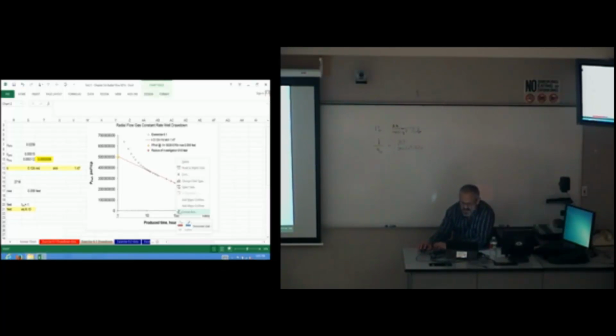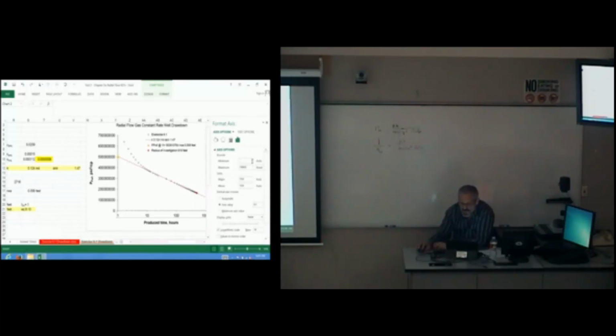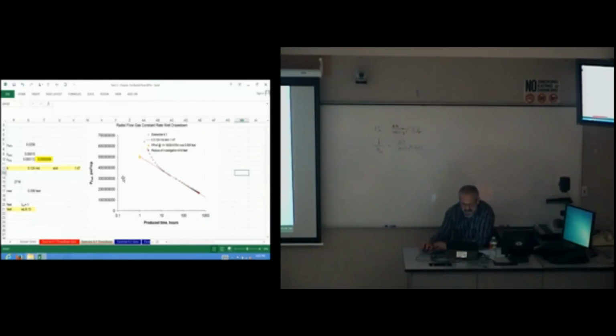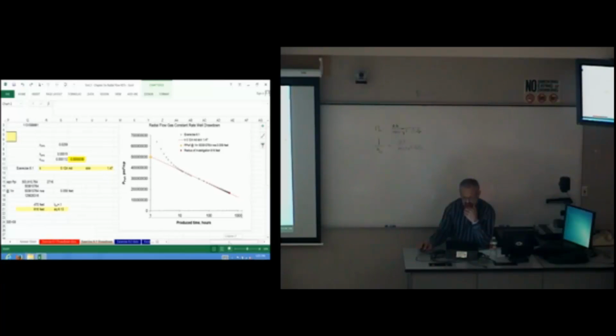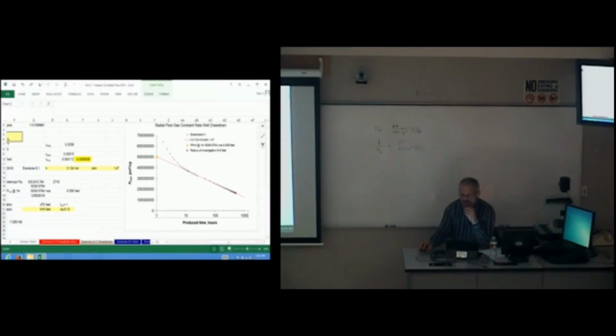If we had some data before 1 hour and we were plotting it so that we had a y-axis of 0.1 on a log scale, we would have had a different y-intercept, but we still have that value for the pseudo-pressure at 1 hour. And so most of the results are listed there.